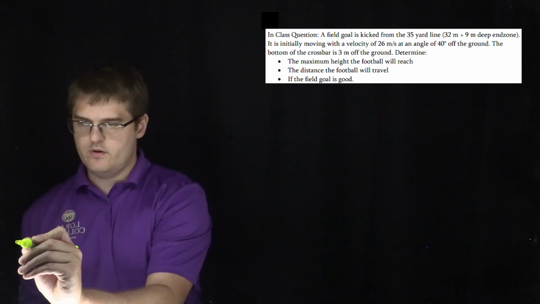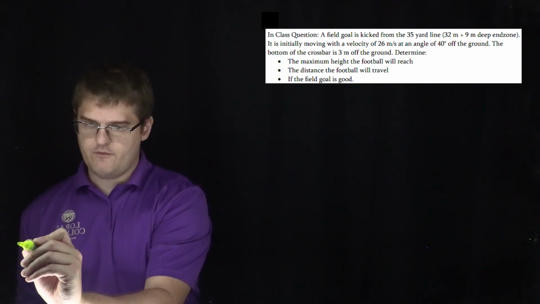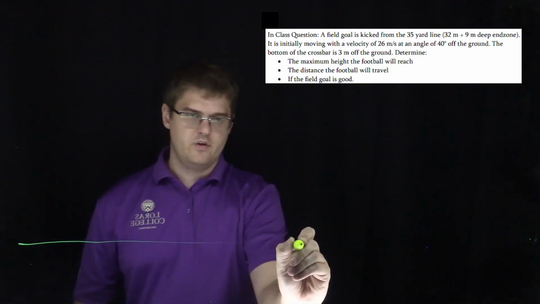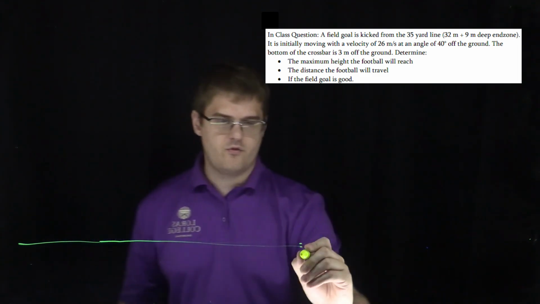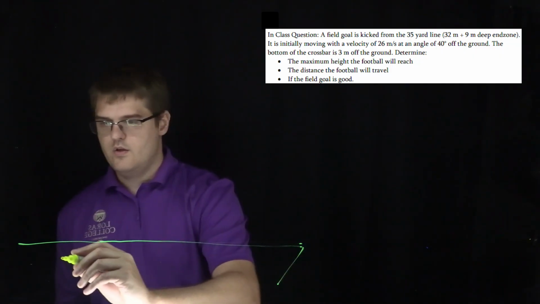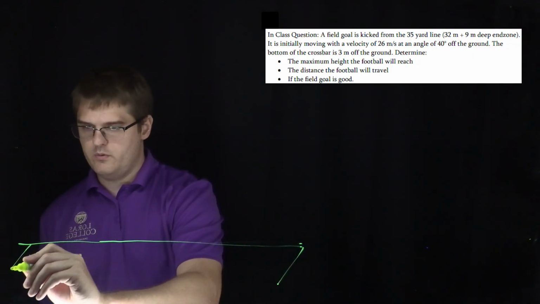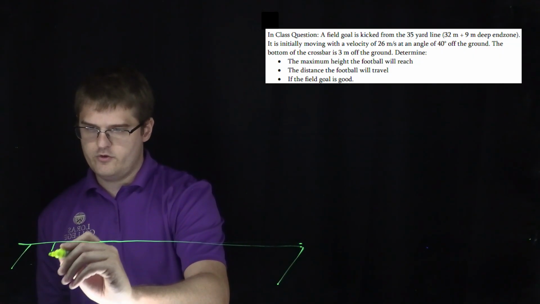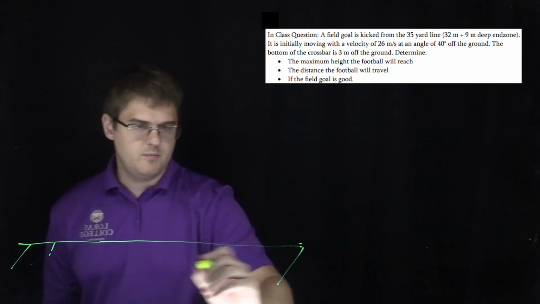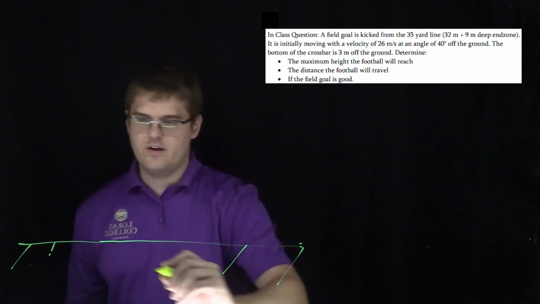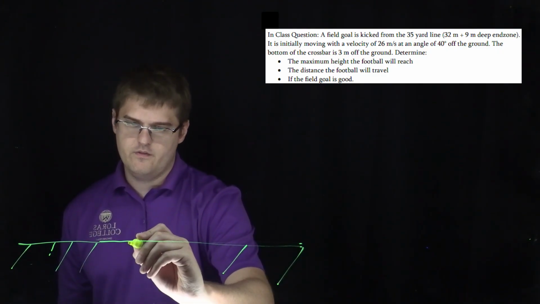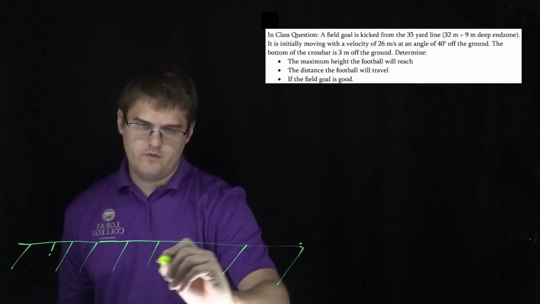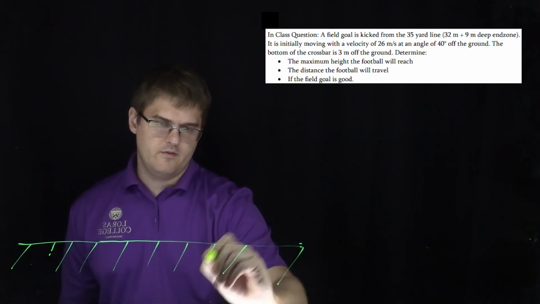So what we're told is that a field goal is being kicked from 35 yards away. So it's actually something like the 32-yard line, technically, because the end zone itself is 9 yards away. So we've got 35, 30, 25, 20, 15, 10, 5.